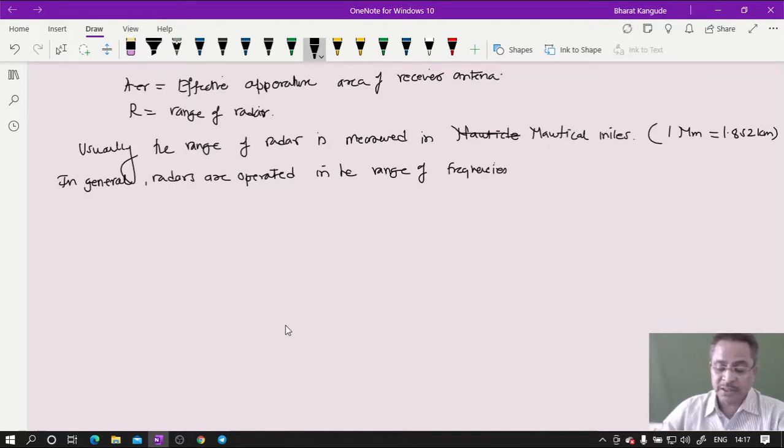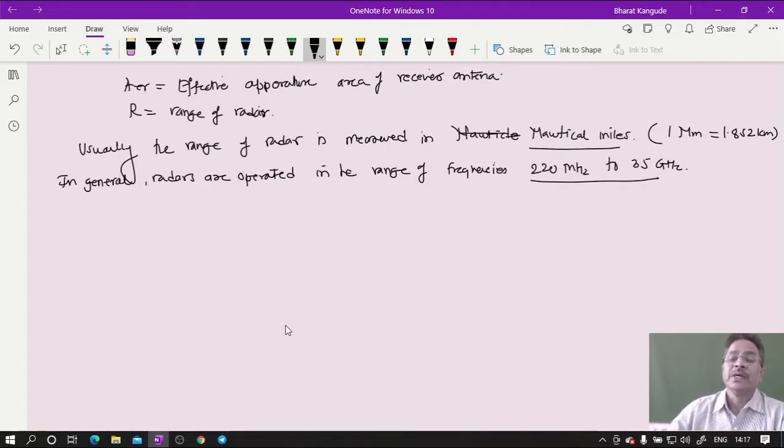Okay, this again is a fixed one. 220 megahertz to 35 gigahertz. Okay, see the range, see the unit used for ranging the radar, etc. So 220 megahertz to 35 gigahertz.